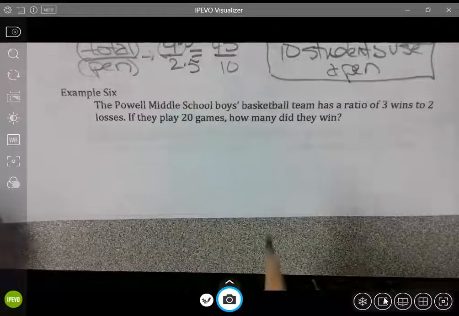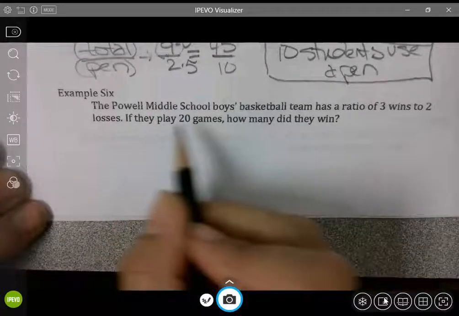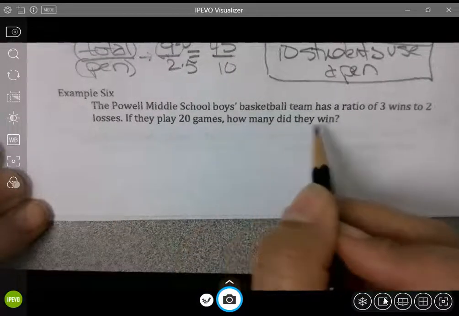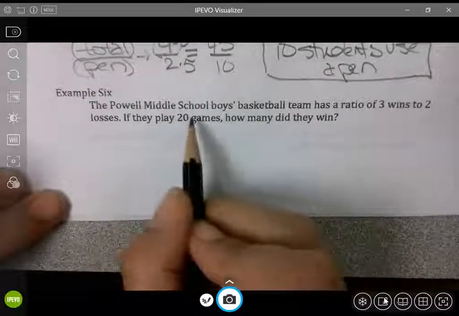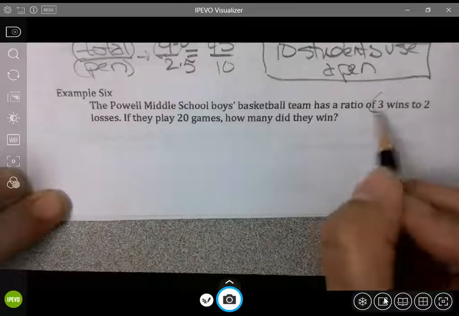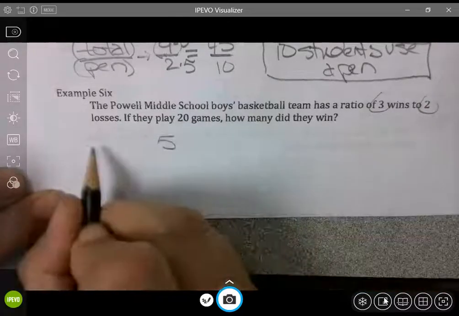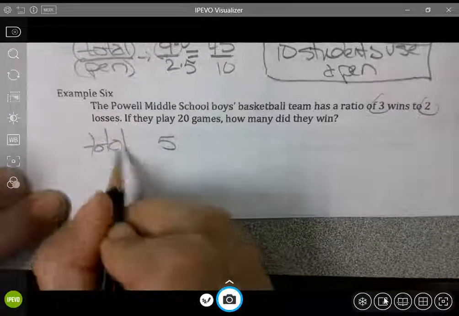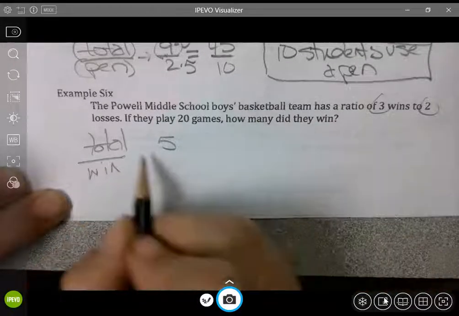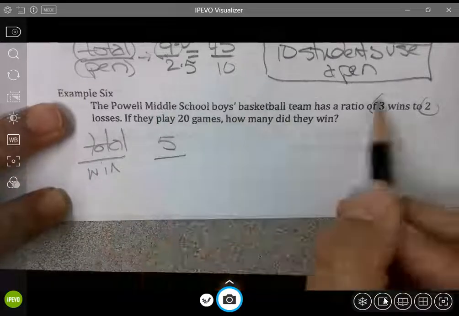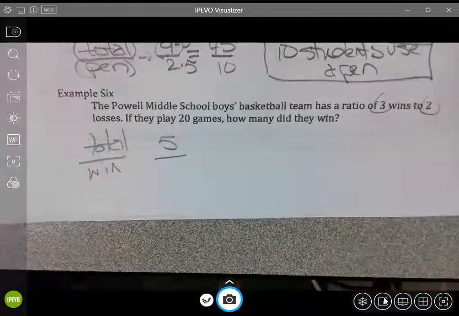If the basketball team has a ratio of 3 wins to 2 losses, if they play 20 games, how many did they win? This is the same way. If they play 20, they need a total. What's the total between the two? 5. Here's the total. And then it says, how many did they win? So you want to know wins. So 5, and what's the wins?